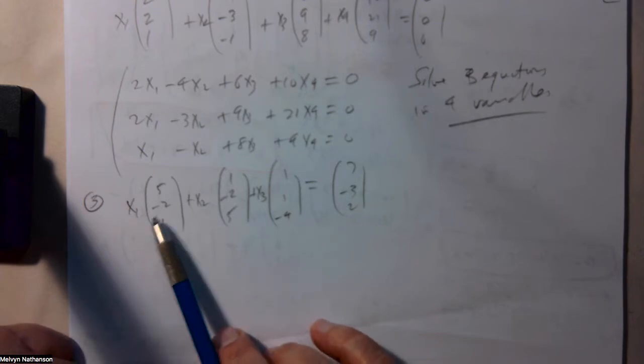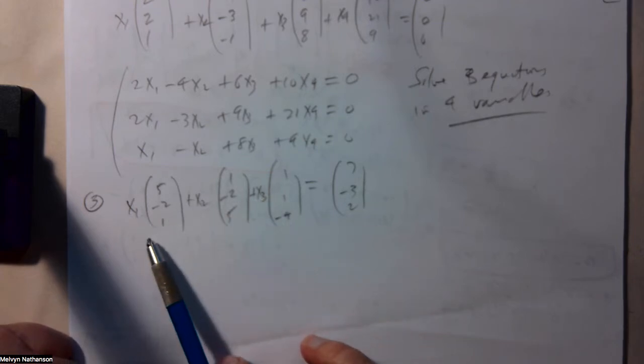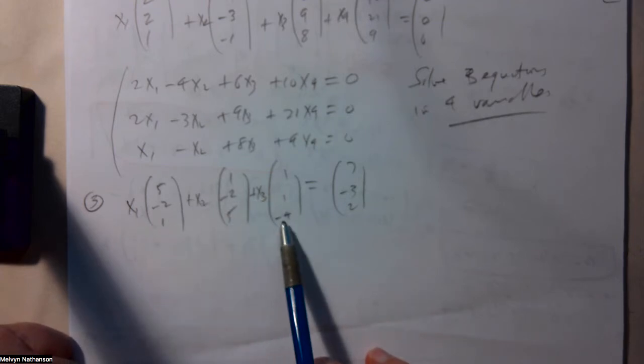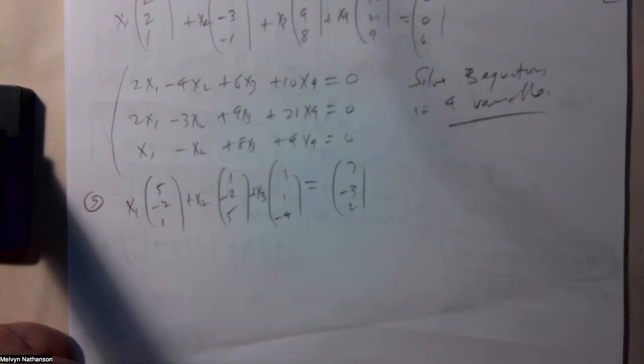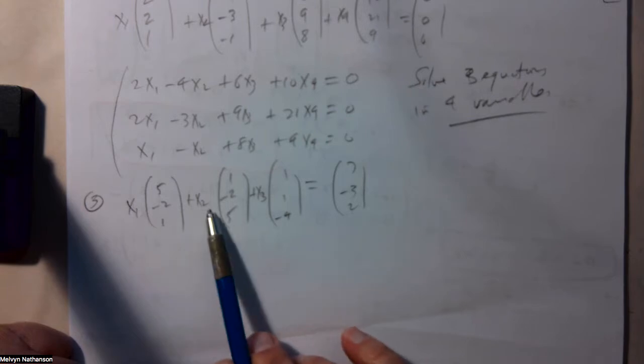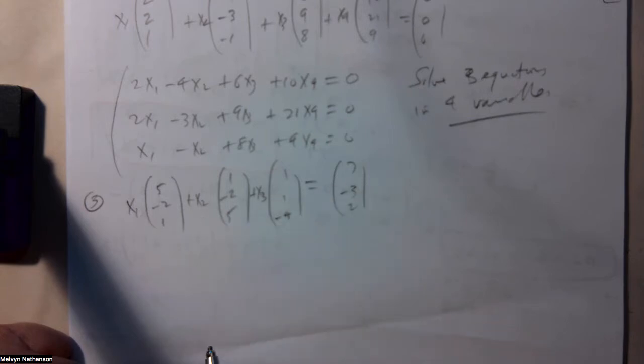So you want to find scalars x1, x2, x3 such that this linear combination of these three vectors gives you this vector. And you have to do that in two different ways. Find two different triples of numbers, x1, x2, x3, that solve that equation. So the first thing is to find one solution.